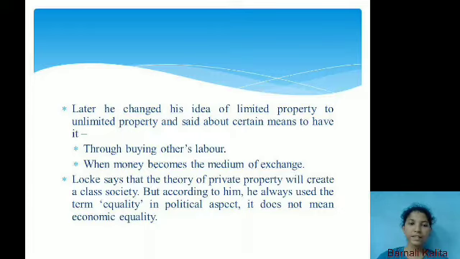In this context, Locke says that the theory of private property will create a class society. But although he mentioned the term class society, he said that he had used the term equality in the political aspect. It doesn't mean economic equality.